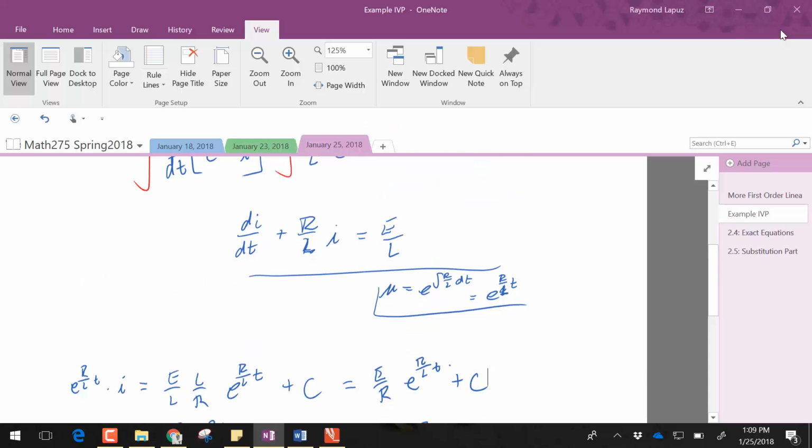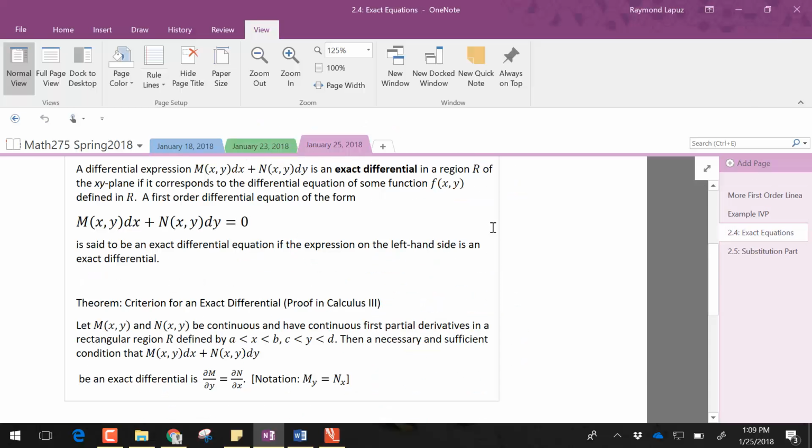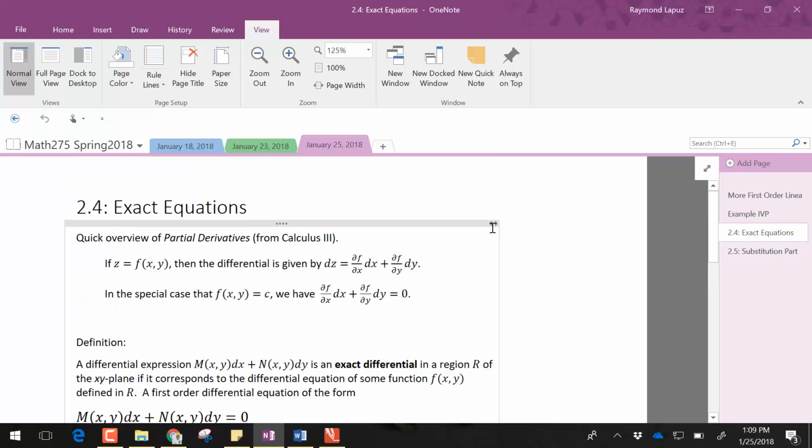So that's what we're going to examine now: a differential equation that can be written as something with a dx plus something with a dy.